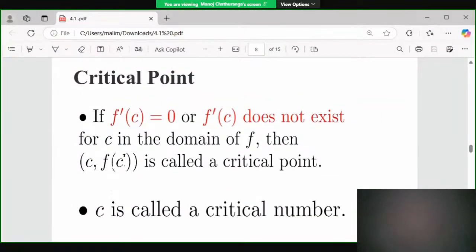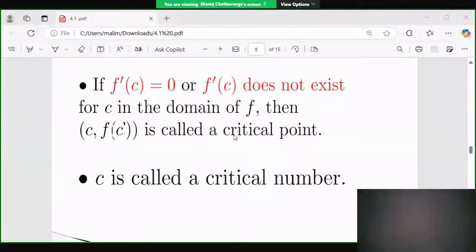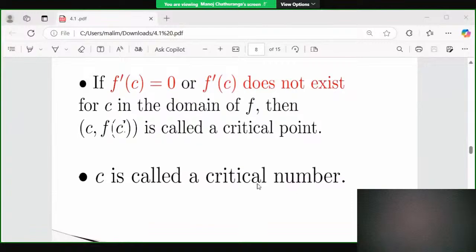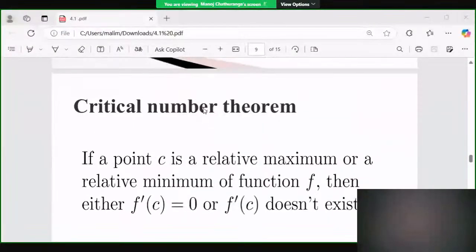Critical points are where we have zero derivatives or undefined derivatives. The x coordinate at a critical point is called a critical number.